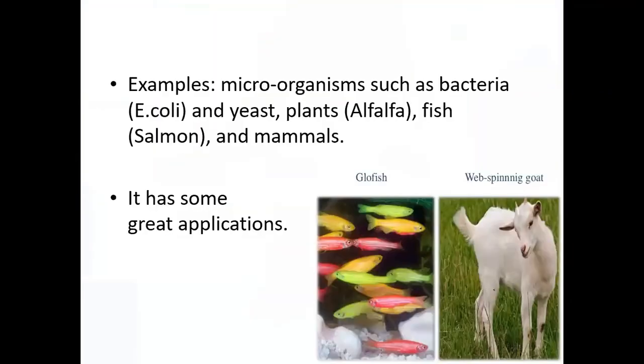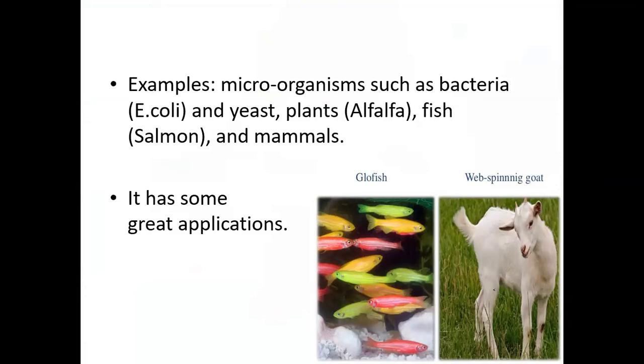Coming to the next slide, we can see examples of some genetically modified organisms, like in bacteria E. coli, in plants alfalfa, and in fishes, salmon are already genetically modified. Why people do genetic modification is because of its great applications.